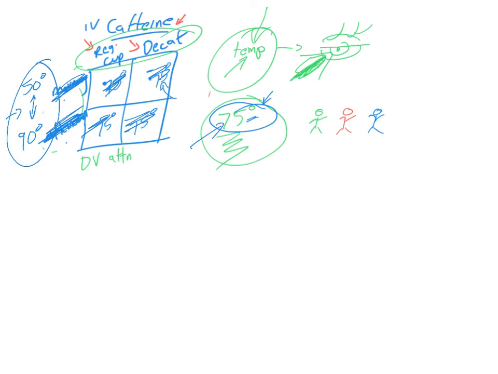I've manipulated it. Some people get 50 degrees, some people get 90 degrees. So this is now a manipulated variable in my study. So mostly any variable can either be a confound or it could be manipulated, unless you can't manipulate it, like gender. You can't assign people to male or female. But there are variables that can be either or.